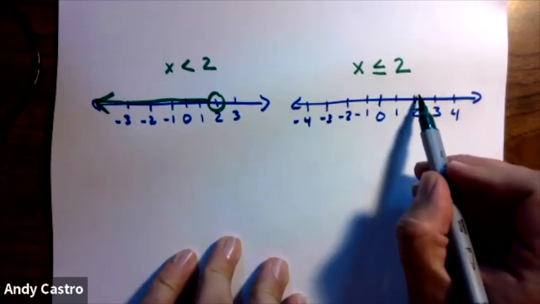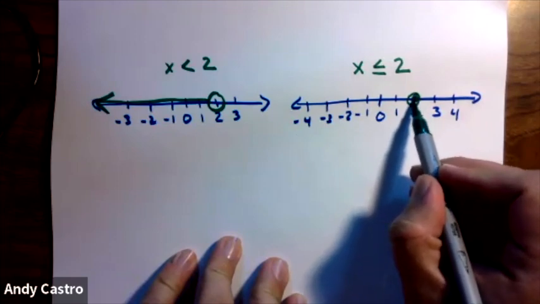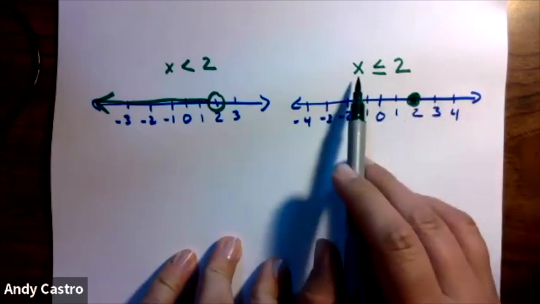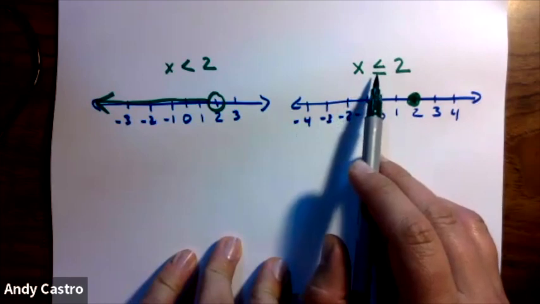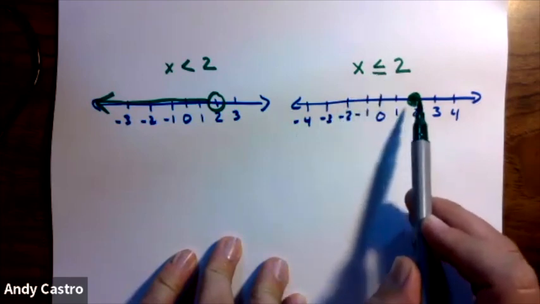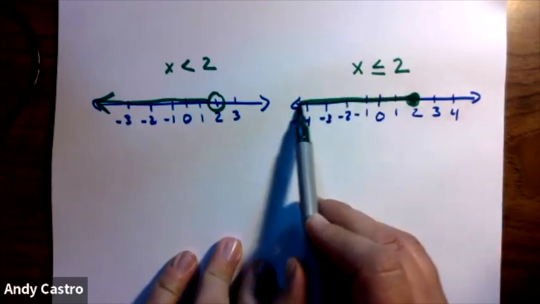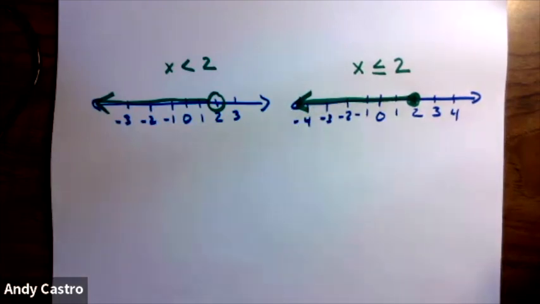Here, I can go all the way to 2, and I can be 2 because x is both less than and equal to 2. So that's going to be a filled-in circle and everything to the left.